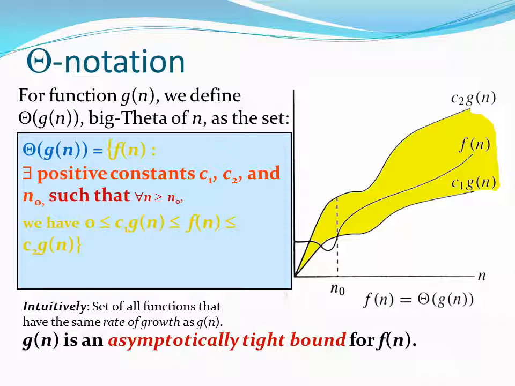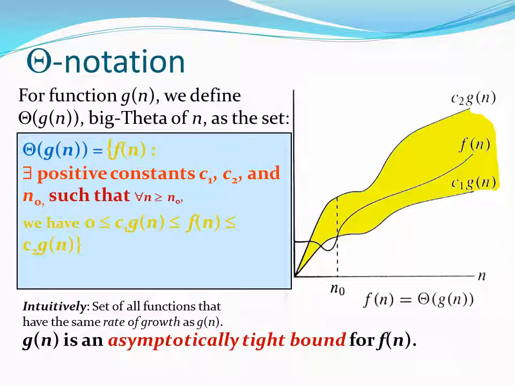The theta notation can be used for representing the average time complexity. Average time complexity means that for some algorithms the maximum amount of time and minimum amount of time are both the same. In this formula, f of n lies in between C1 g of n and C2 g of n.